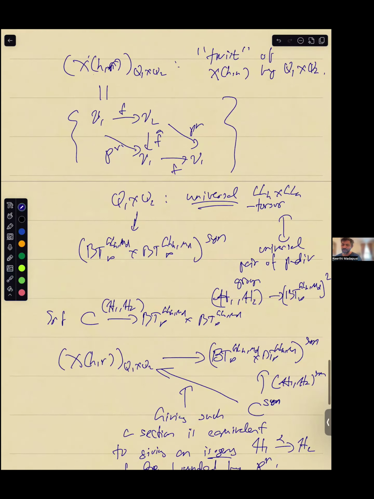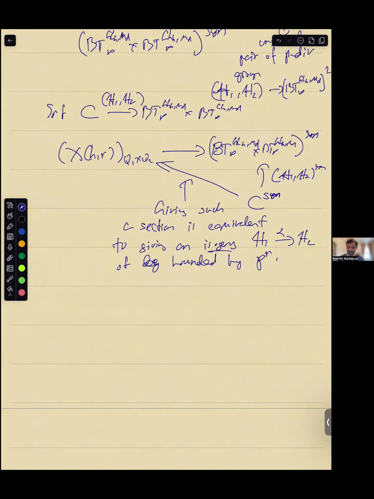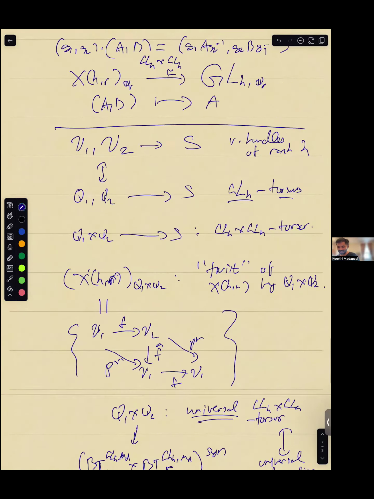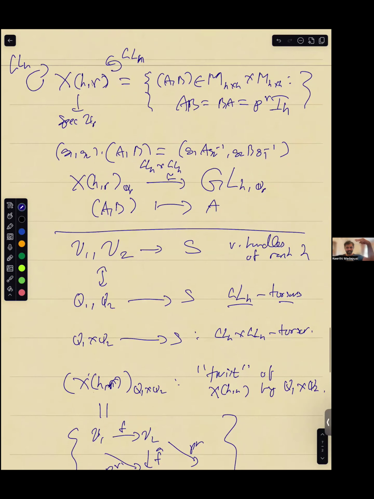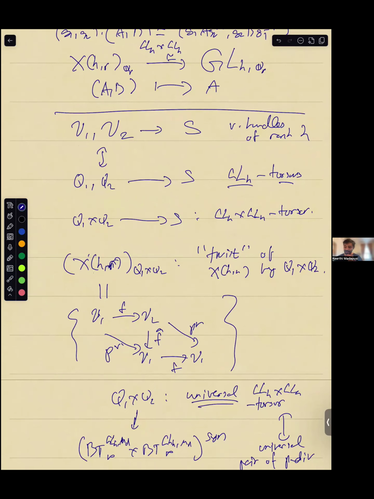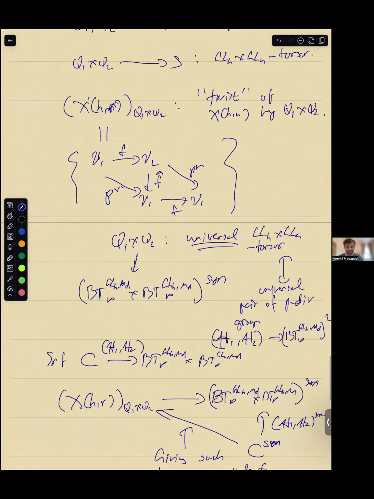So to recap, one way of interpreting getting isogenies between Barsotti-Tate groups is as follows. You have this space, it has a two-sided action of GL_h, and generically it's isomorphic to GL_h with its natural two-sided action. You use it to twist any pair of torsors.